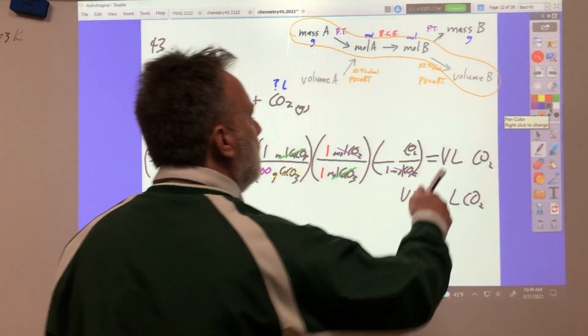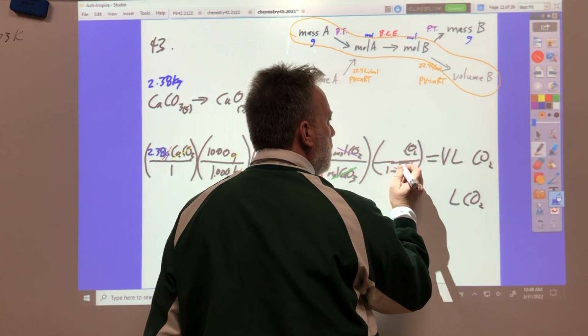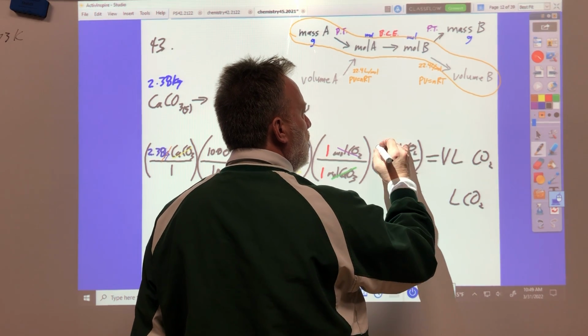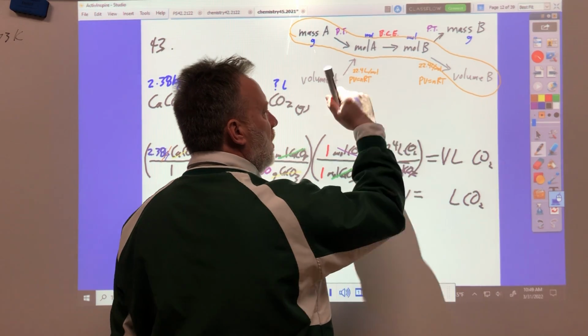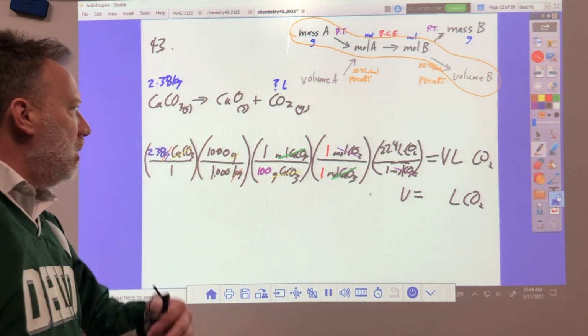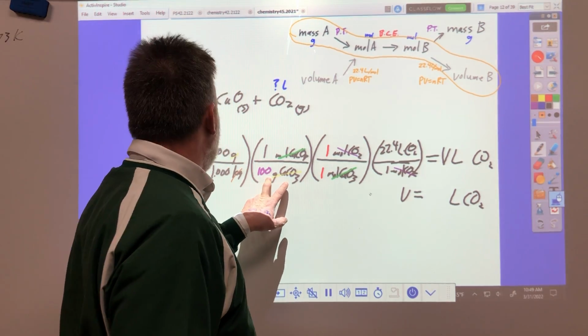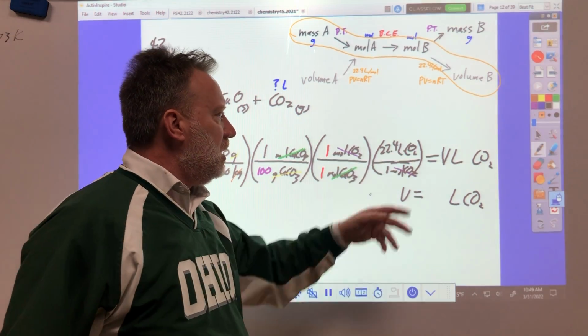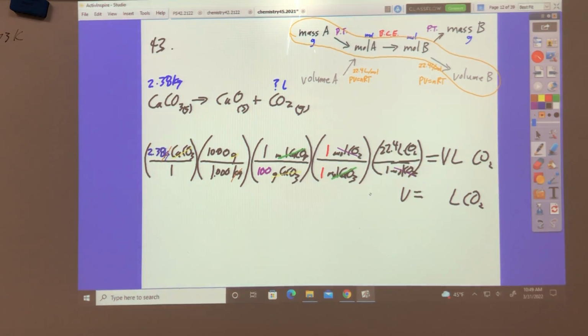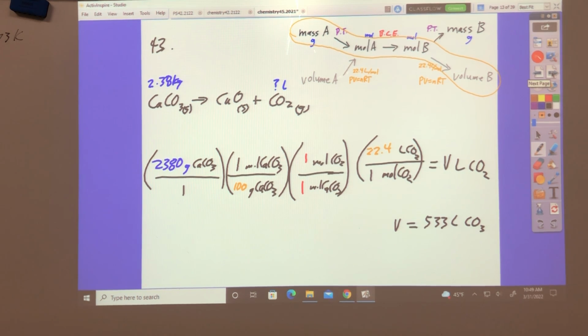This was liters CO2. And that's 22.4 no matter what the gas is. Okay, so now you multiply everything, 10,000 divided by 100 is 100. So it's 23.8 basically times 22.4, which would be about 500 roughly. 533, okay? And we'll do number 44 next.